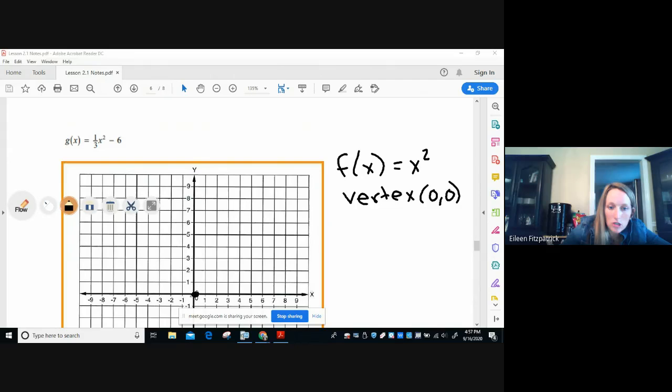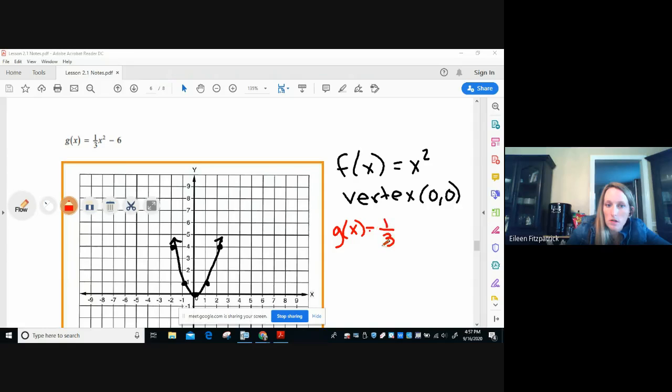The pattern never changes. 0, 0, out 1, up 1, out 1, up 1, out 2, up 4, out 2, up 4, out 3, up 9, and so on and so forth.